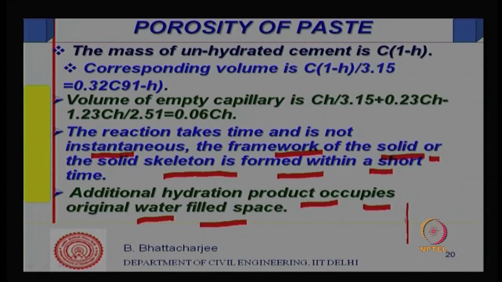The structure is formed very quickly, but some spaces are blank. Those blank spaces are filled in by additional hydration product, because a porous solid structure is formed once it solidifies. Remember we had blue colored water which the outer product filled in, leaving some water filled space.